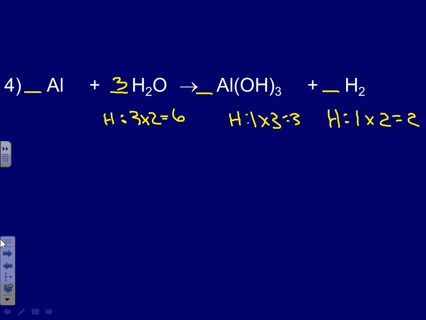I'm going to show you how I would do this with the older guys, because there's no real easy way out of this. If I want this to be 3, what do I have to have here? I need 1.5. Did you see that math there?